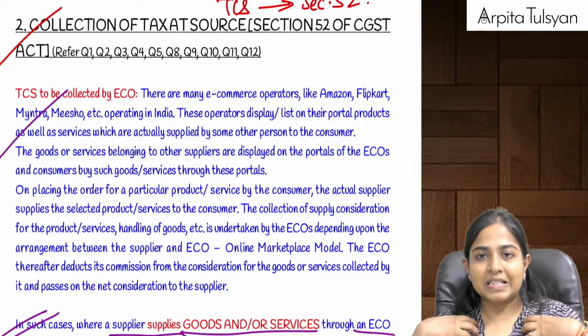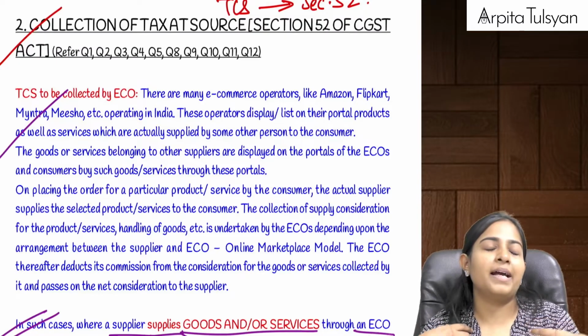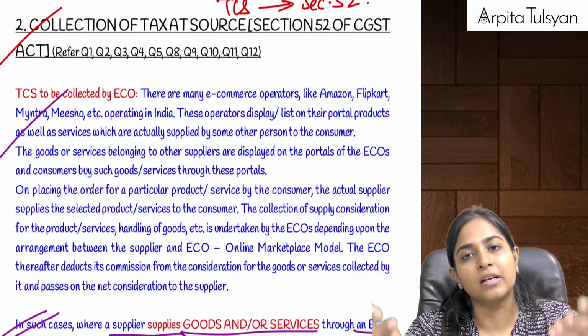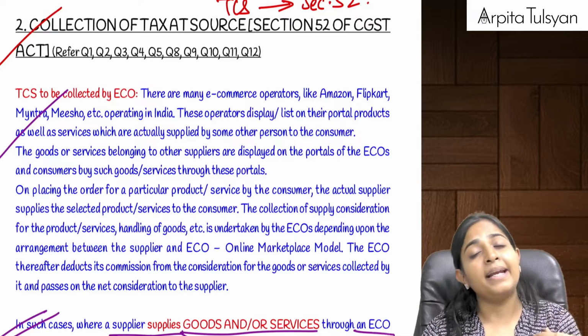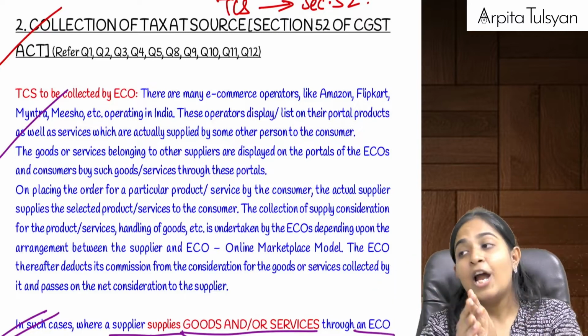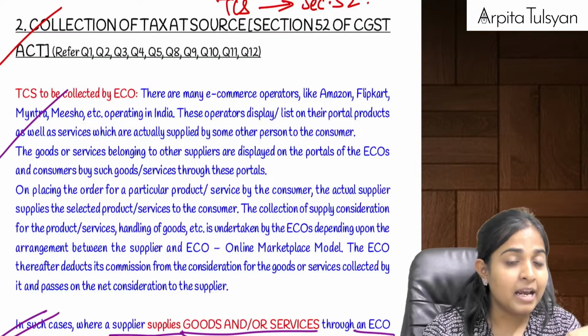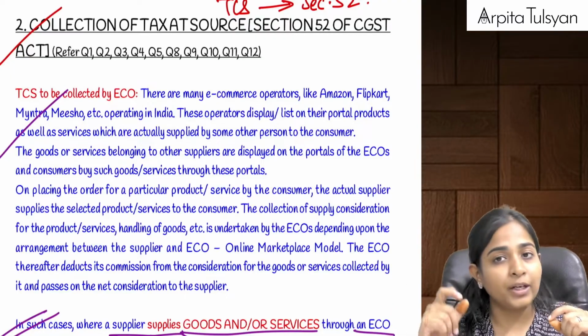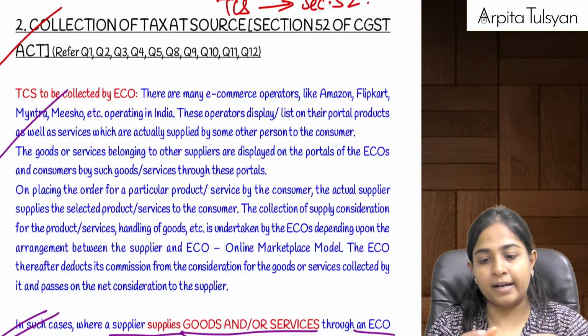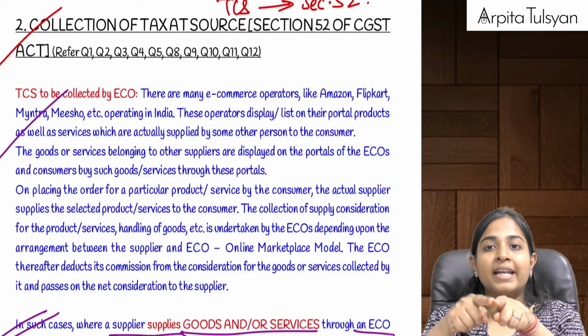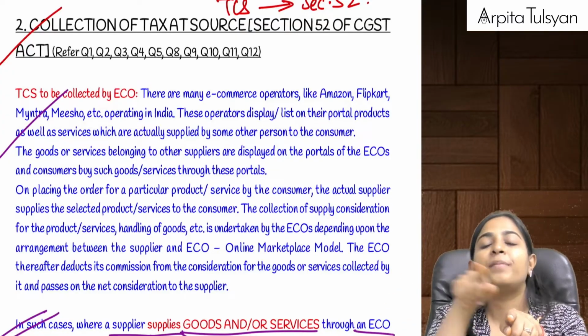Yes, so if there is a supplier who is supplying taxable goods or services to the customer through an e-commerce operator, this is mandatory. When the goods or services are provided to a customer through an e-commerce operator, and the e-commerce operator who is there in between is collecting the payment from the customer.